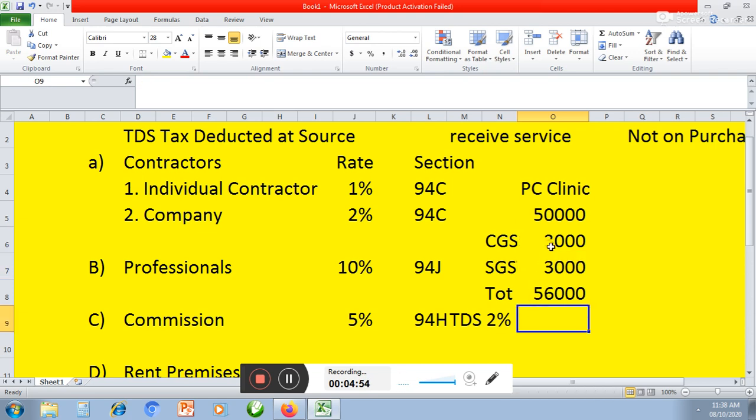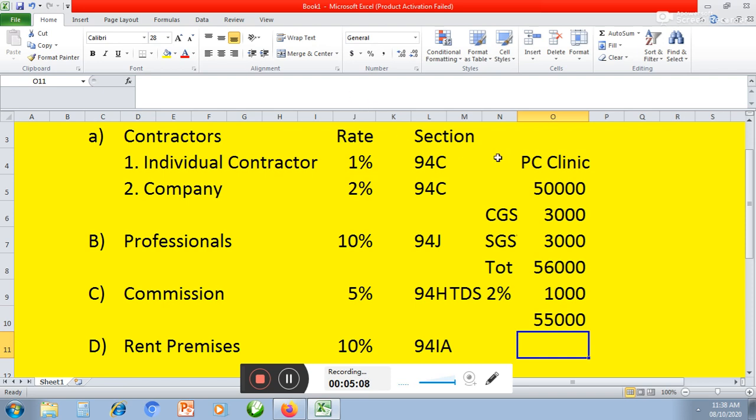So 2% of 50,000 is 1,000. So how much will I pay to the party? 56,000 minus 1,000. So I will pay 55,000 to PC Clinic, not 56,000. That is the deduction of TDS.